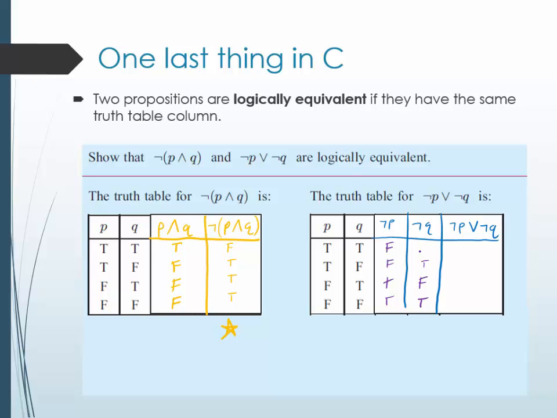Wait, how do I know all that? Because I'm looking right here. Opposite of P is that. Opposite of Q is that. And now we're going to go ahead and look at those together. We're going to say, when do we have a true anywhere? It looks like it's going to be false, true, true, true. And these two things are logically equivalent.